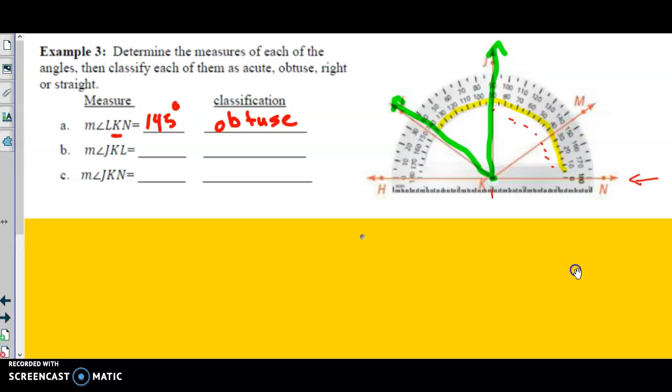This side of the angle comes out at 145 degrees. We already talked about that. It was right here. Okay? This side is going straight up to 90 degrees. So that means this angle measurement is 145 minus 90 degrees. And when you subtract that, you get 55 degrees. So that's the measure of that angle. And its classification is acute.